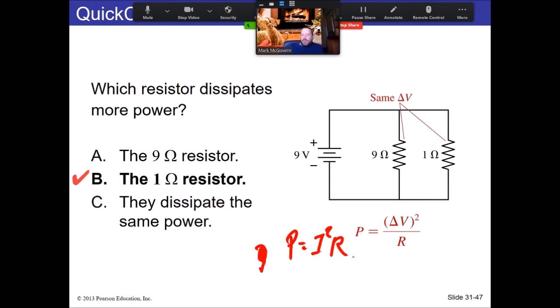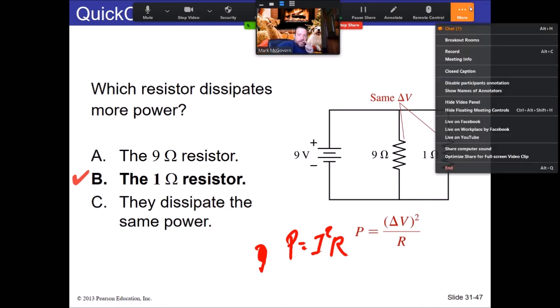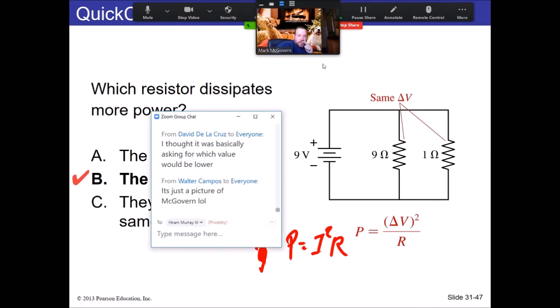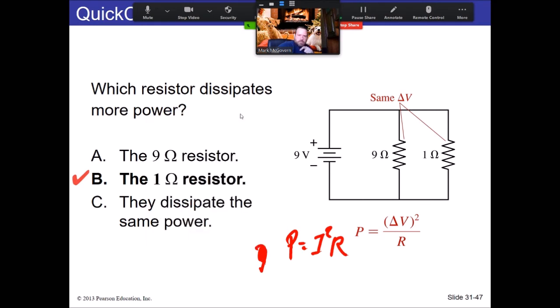Now, one of the things that you're going to learn here is that the current is going to come out of the battery and it's going to branch, right? It's going to branch proportionally to the resistances. The greater the resistance, the less current it's going to pull.